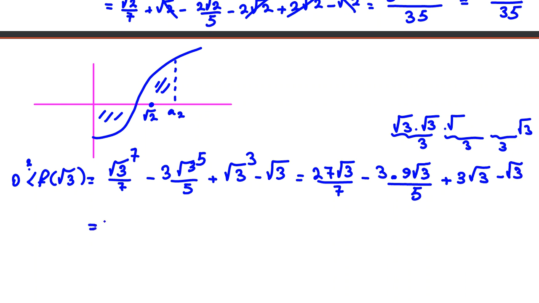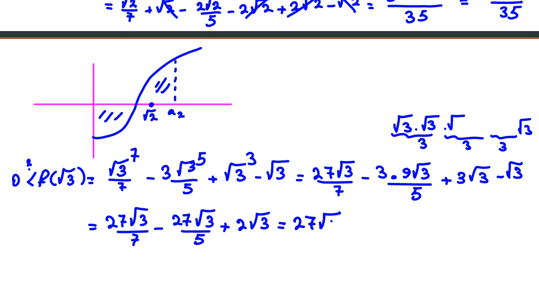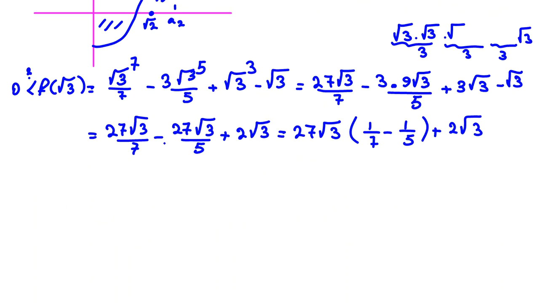So it will be 27 root 3 over 7 minus 27 root 3 over 5 plus 3 root 3 minus root 3, which is 2 root 3. Now, in the first part, I take the factor 27 root 3 out: 1 over 7 minus 1 over 5, plus 2 root 3. Okay, we want to prove it's positive.